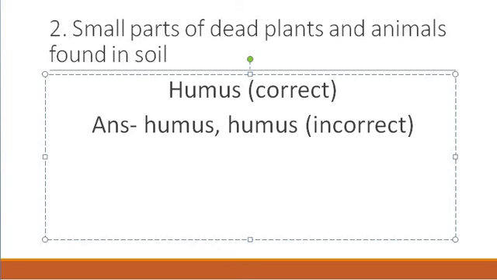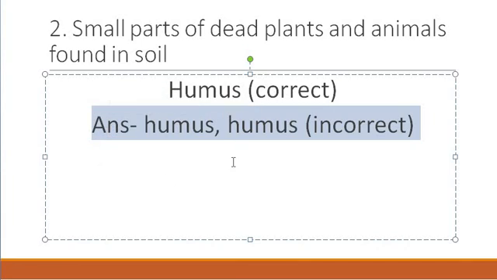This is what I have explained to you. Again, if you write ANS dash humus, no. And even if you write HUMUS and H is not capital, again incorrect. So capitalization, even the answer should be very, very precise. Whatever is asked has to be written. I have not asked you to write a one line answer, so you don't have to add anything extra.